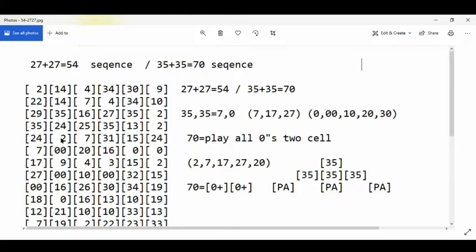It played out 27 this way, so you would definitely want to play out a 2, just for security reasons. And what happens if the 20 gets played out? Because 20 linked to a 7 is also going to make 27. So your options on this cell are 2, 7, 17, 27, and 20. If you play those, you're going to hit.